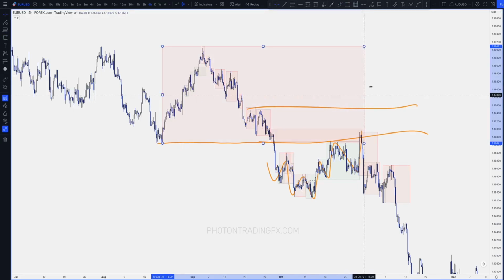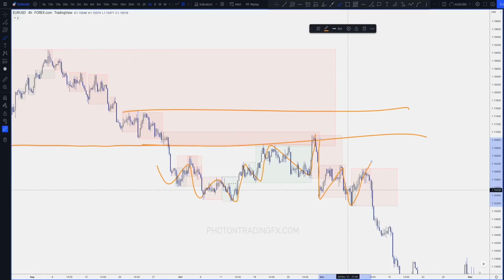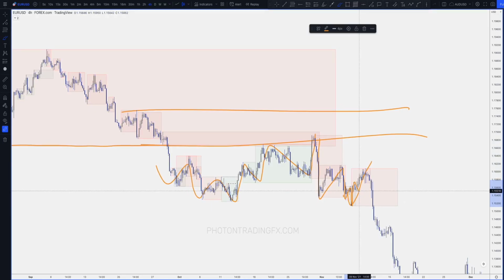Then the 4 hour, and then what do we have? What happens if I take this pullback? And then we can take out this week low and we continue, right?